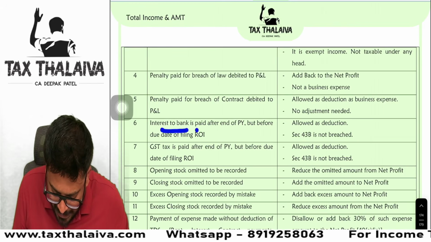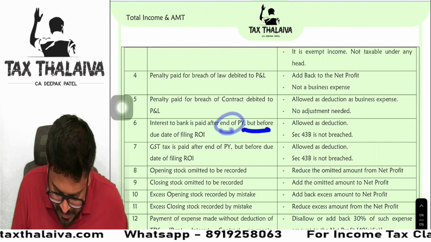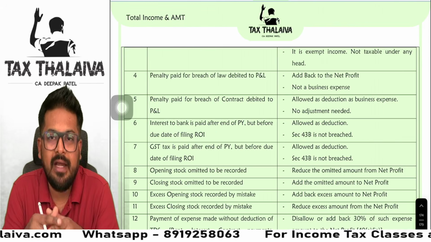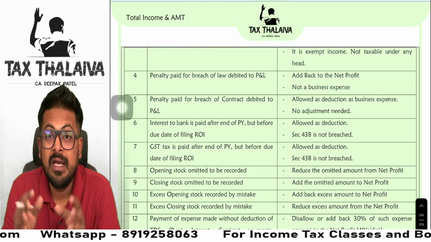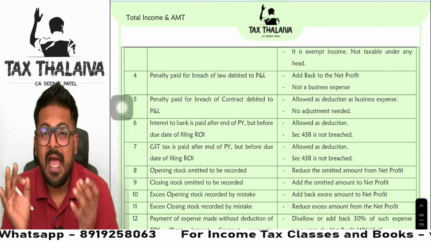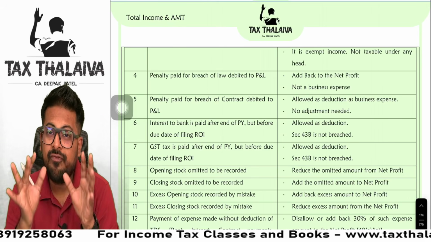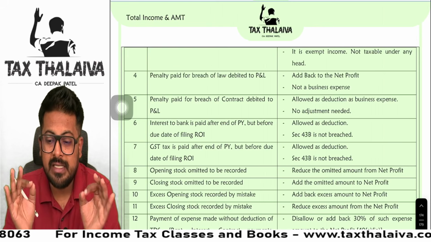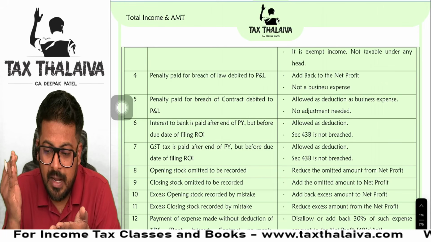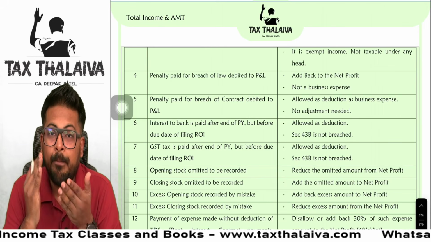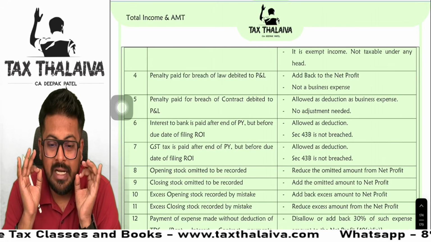Coming to interest to bank is paid after end of previous year but before due date of filing of return of income. Guys, if you remember, section 43B has some list of expenses, like interest is one of the expenditures in that. If you do not make the payment of interest before filing the return of income, in that case the interest will be totally disallowed.